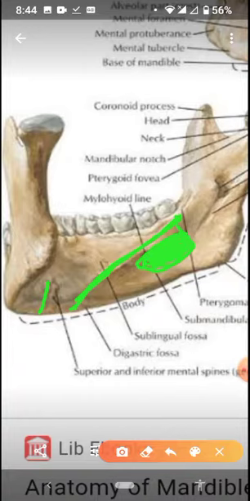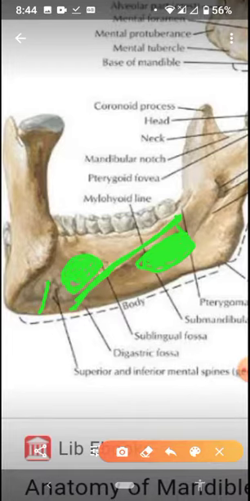On the anterior part of this, you can see a depression over here too. This depression is for the sublingual gland, which is also a salivary gland. That's why this fossa is called the sublingual fossa.